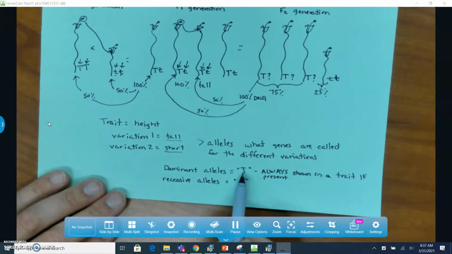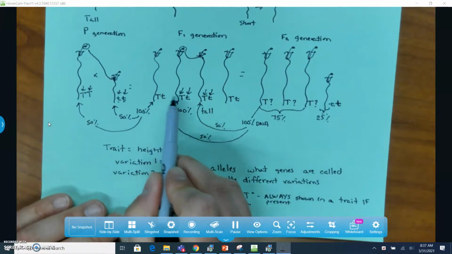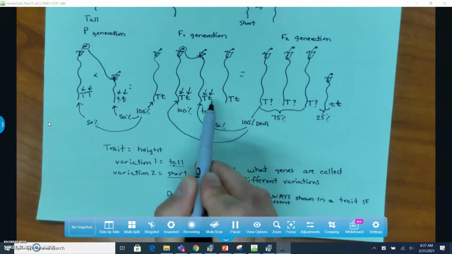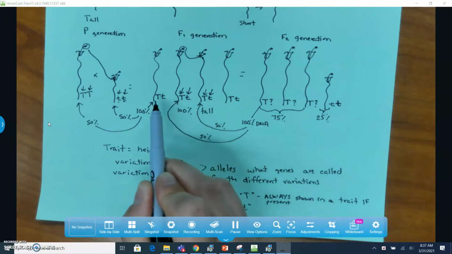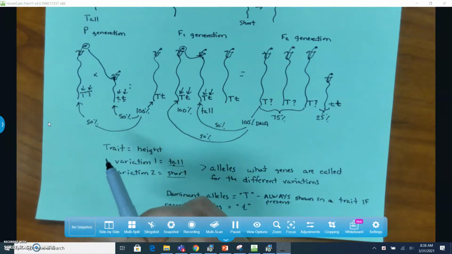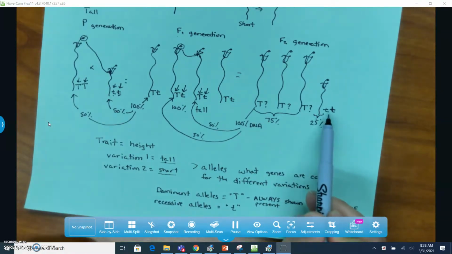And since he realized that the tall variation was dominant, that explains why all of these F1 plants were tall, because they all had the dominant allele from this plant. It also explained why this plant was short.